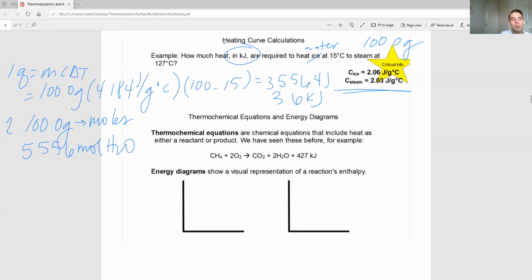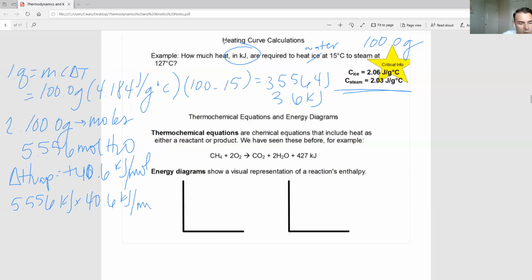Now we are vaporizing, so we're going to go to the delta H of vaporization, which was on the previous page, which is going to be a positive 40.6 kilojoules per mole. And so then we can just take our 5.556 moles, multiply by 40.6 kilojoules per mole. And so we will get, with the correct number of sig figs, 225.6 kilojoules.